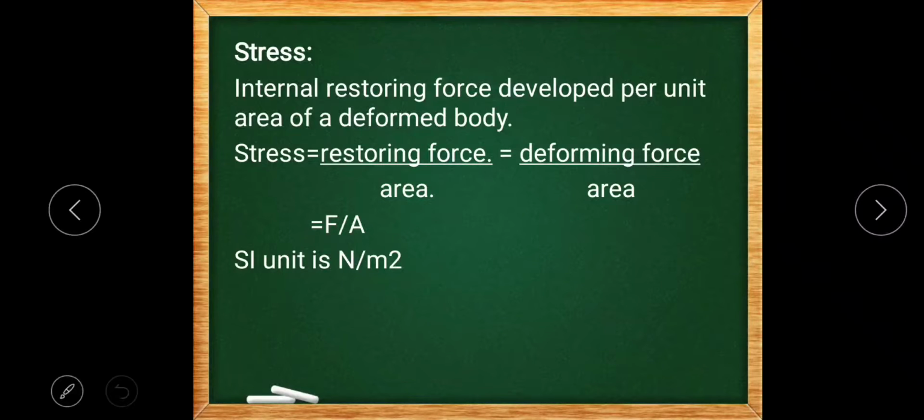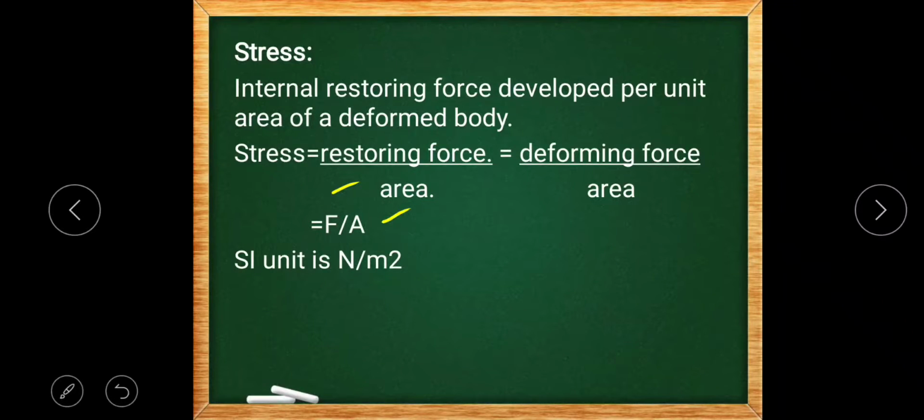Here, capital F is the deforming force applied to an area of cross section A of the body. Here, capital A is the area of cross section of the body. Then stress can be written as stress equals F by A, force by area.